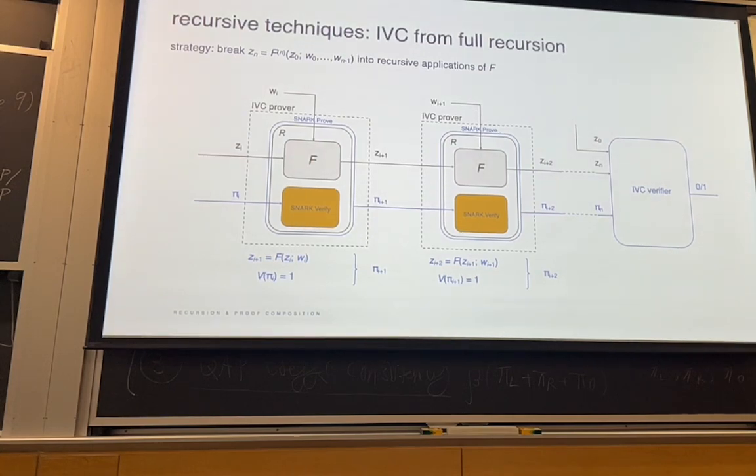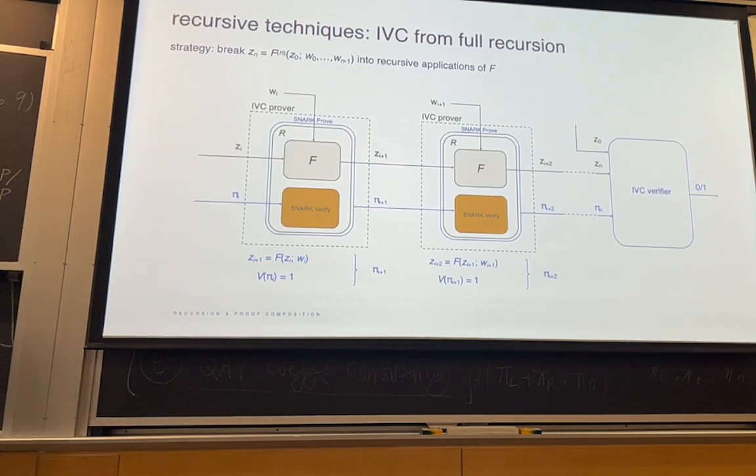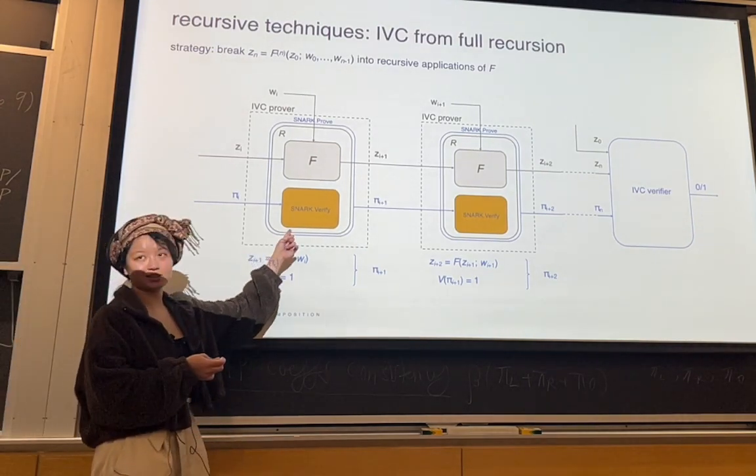So the insight here is that you can write anything you want in a circuit. And in fact, you can write a verifier for another circuit. So you can see why having a small verifier is good here.